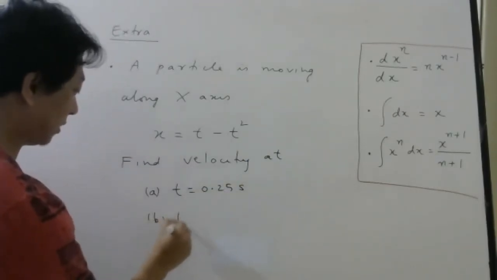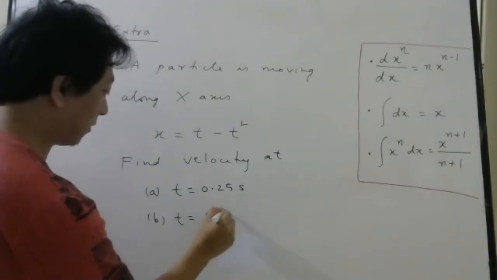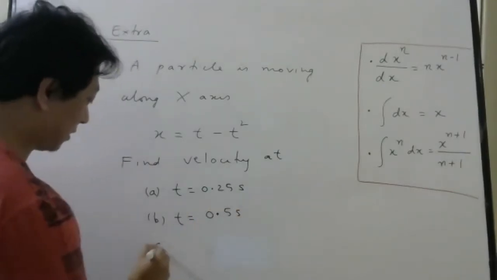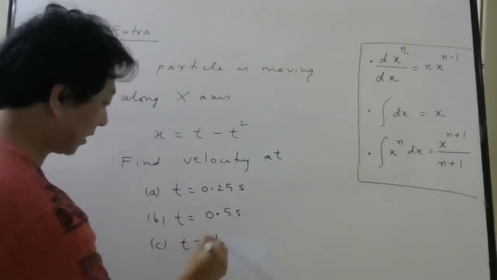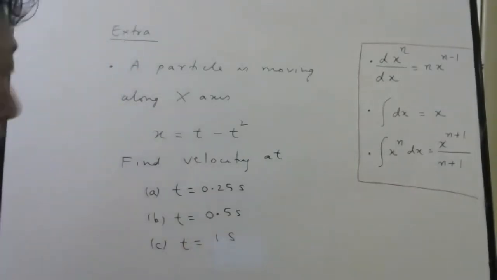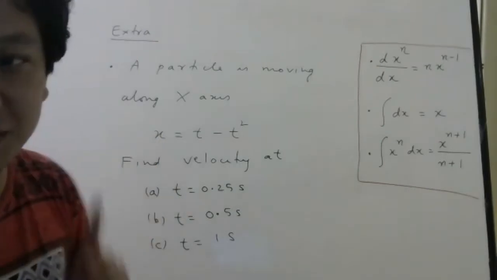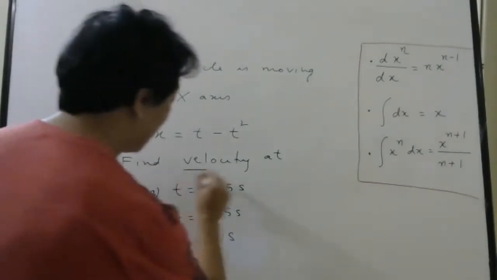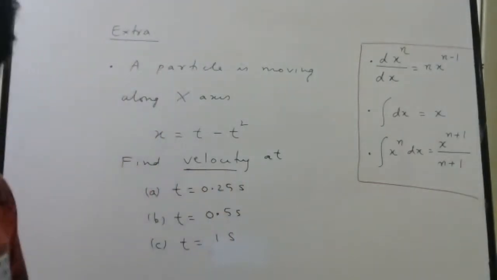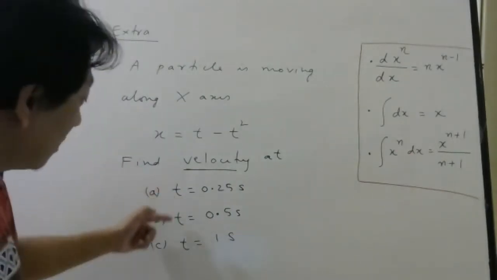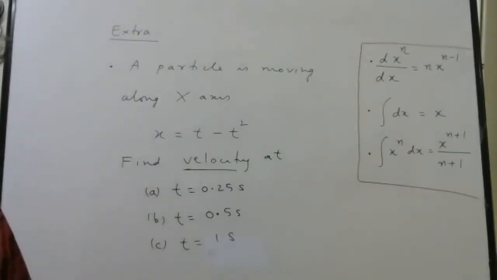Second question, t equal to 0.5 seconds. T equal to 1 second. I don't want position, I want velocity, instantaneous velocity at 3 particular times. Try this question.